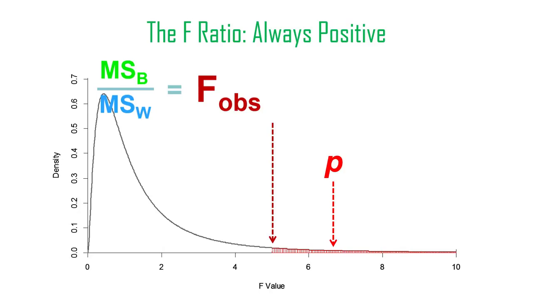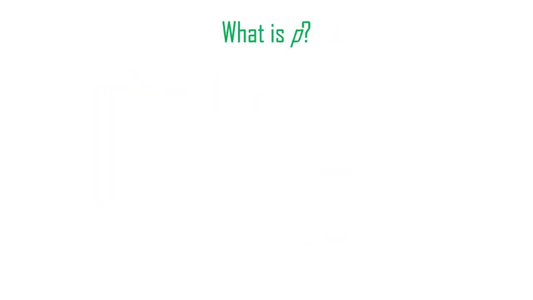You'd need an entire huge book of F tables for that. So instead, they just get a couple of pages of an F table, like the one that is provided for you in Angel, or it's provided for you online. You just find a few critical values. So you find a critical F, and you compare your F observed to your critical F, to see if F observed is greater.